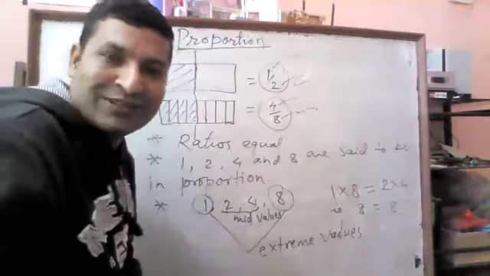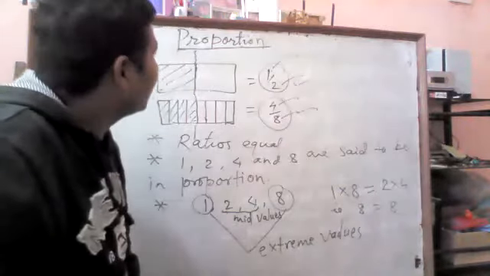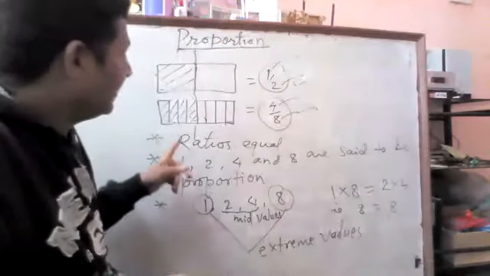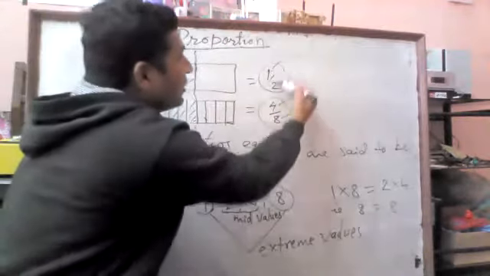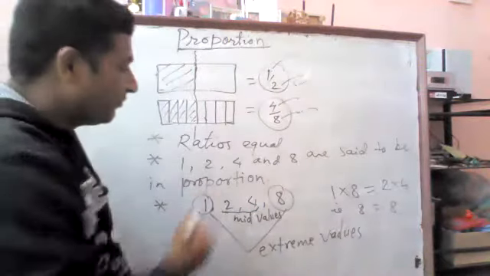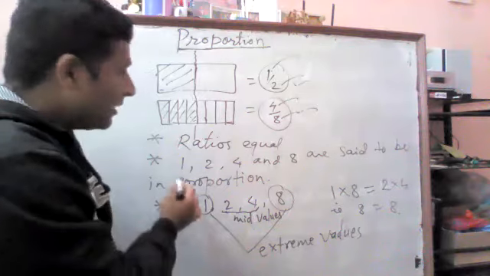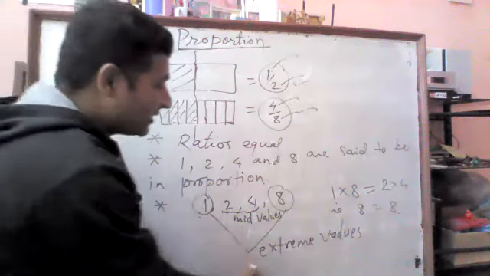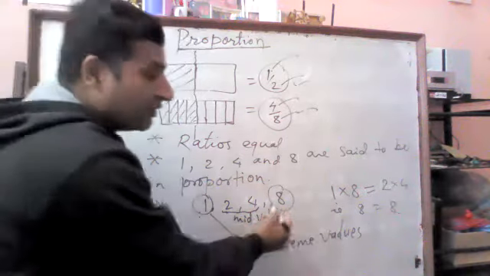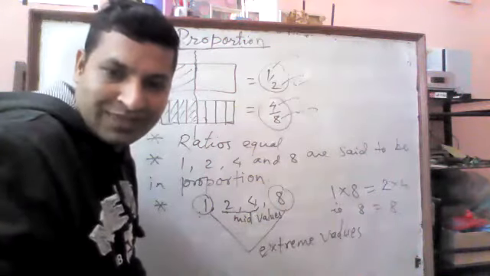So this is about proportion. We come to know that if two ratios are equal, then the terms of the ratios are said to be in proportion. What we can find is that the product of the extreme values equals the product of the mean values.